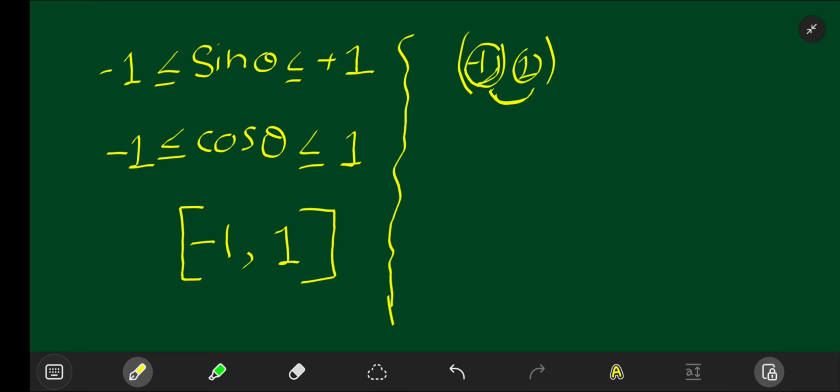At the time of open brackets, not including these values but including between values. At the place of closed brackets, including these values and between these values are considered. Okay, that is the difference between closed brackets and open brackets.